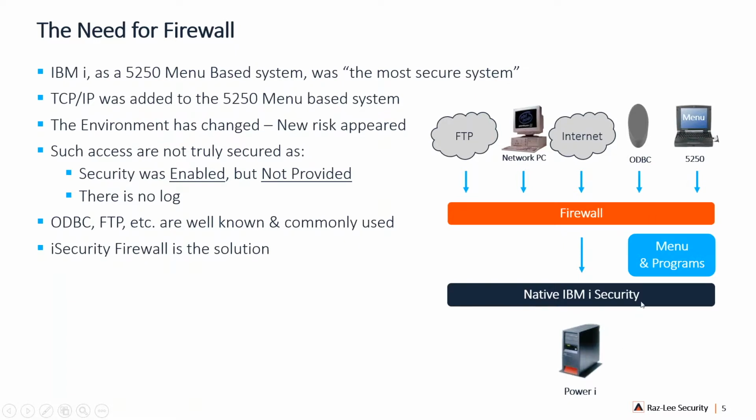While the IBM i provides by itself, and this is always excellent, the native object security and native user profile security, we then need another layer standing here, which will help us protect all the other activities.